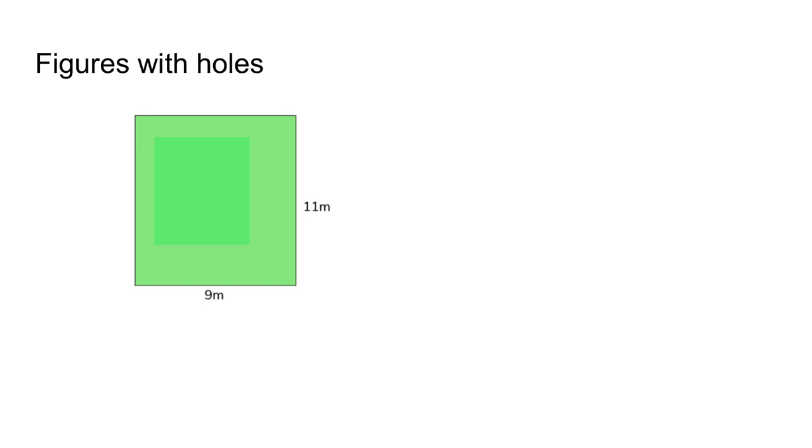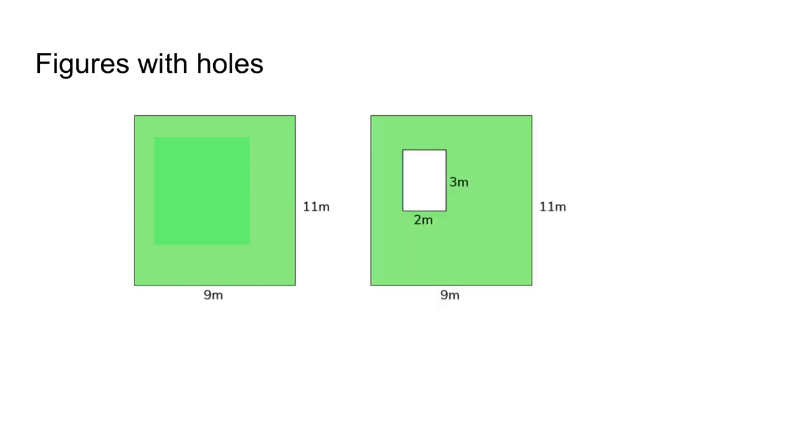Sometimes figures have holes, kind of like that first problem we looked at. Here's a rectangle where I can see pretty clearly that this area is simply 9 times 11 or 99 meters squared. But here's that same figure that was 99 meters squared minus this space here in the middle, which has an area of 2 by 3 or 6 meters squared.